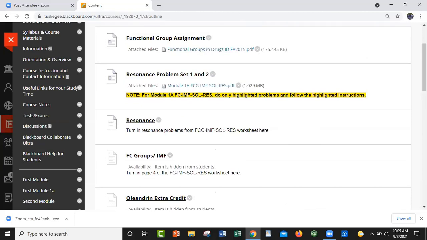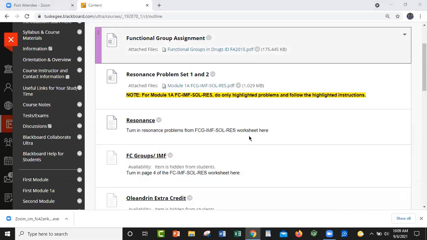Just shoot me an email and kind of put that in writing. And then when I go in to grade this stuff, I'll go check it out. Dr. Russell, what's your email? Because when I try to send your email on Blackboard, it said I couldn't do it. Really? Hold up.